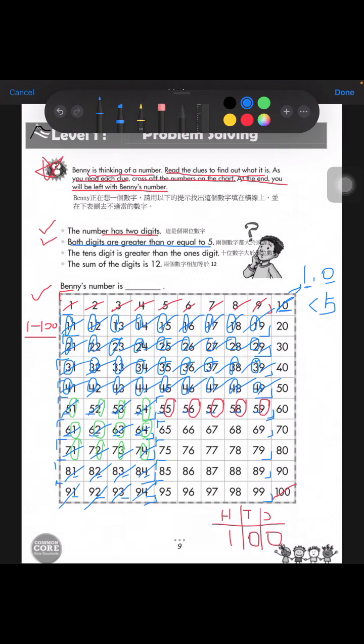Then how about the other numbers, such as 20, 30, 40, 50, 60, 70, 80, 90? Should we cross them out? Yes, of course, because the digit in the 1 place is 0, and 0 is less than 5, so we can cross them out.